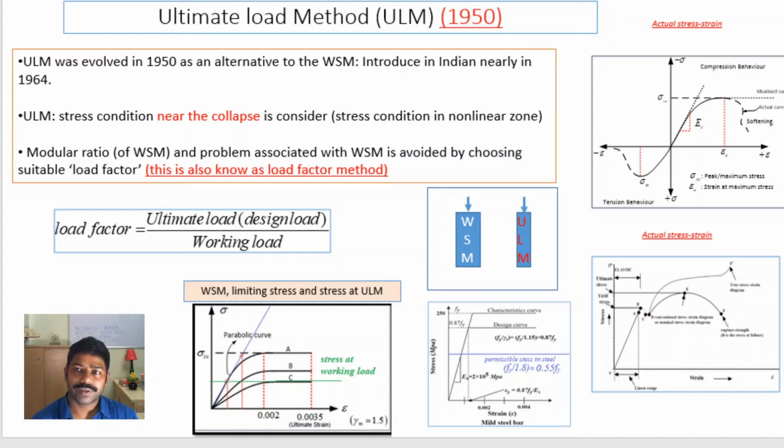So what happens if you see this graph? Initially we draw one tangent. This was the linear portion in the working stress method. Basically this graph is an idealization of this graph. We are neglecting the part after the failure, after the maximum load.